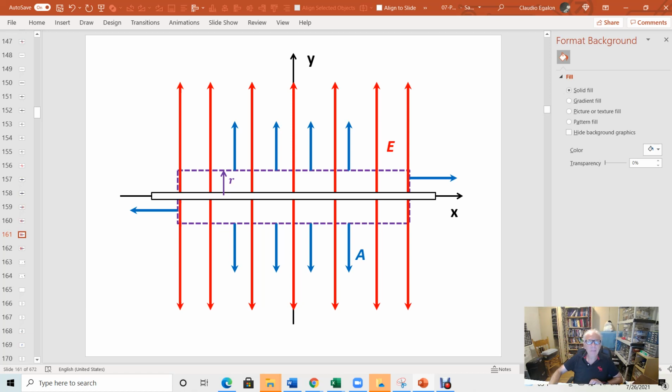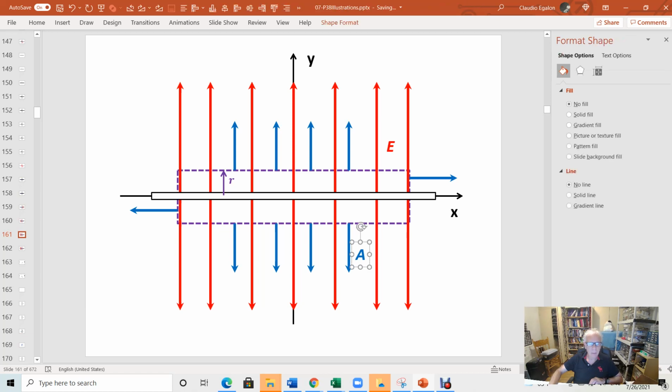The electric field in this region is parallel to this area, but the electric field with respect to this area here is perpendicular. Those are the area vectors of the caps.